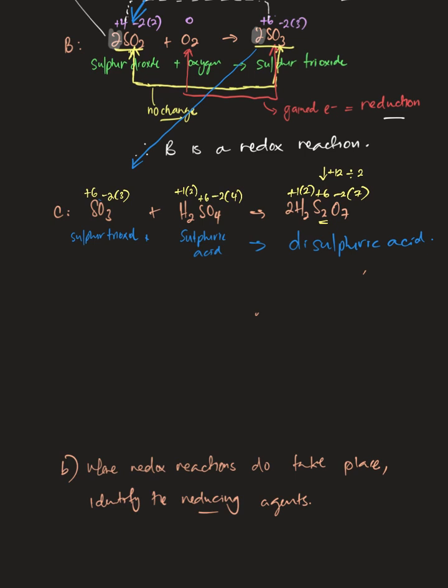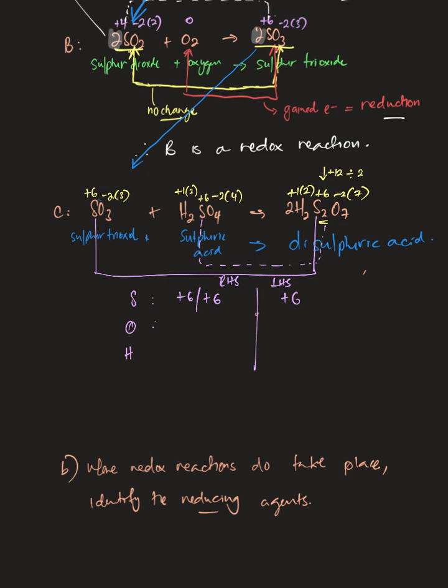Right, let's look at relationships. That was a bit of a tricky one, but let's see if we can make it work. Right, on this side, I've got a sulfur and a sulfur, but I've also got this sulfur and this sulfur. This is how you split this up: sulfur, oxygen and hydrogen. My sulfur on the first side went from +6 and +6, and it ended up at +6 on the other side. So I'm comparing right-hand side to left-hand side.